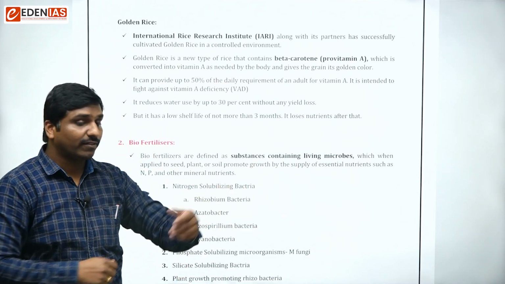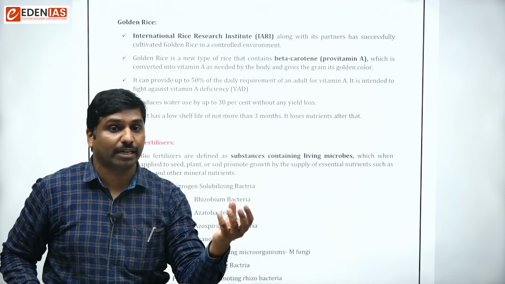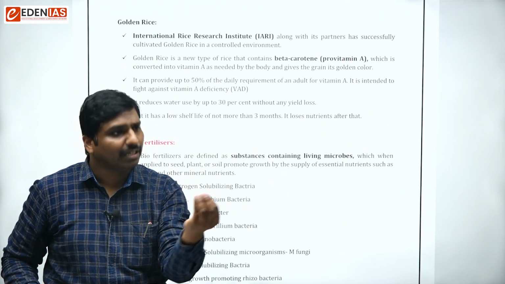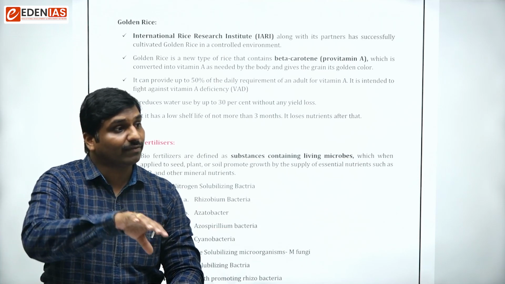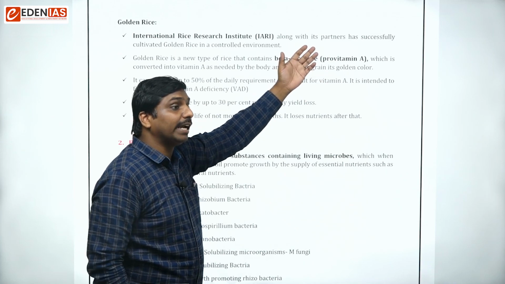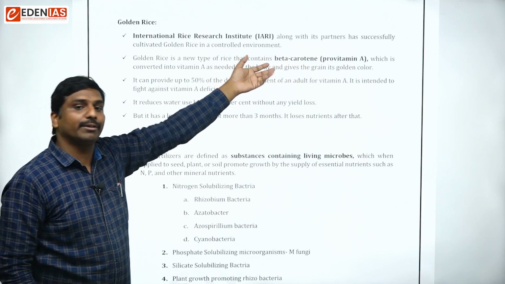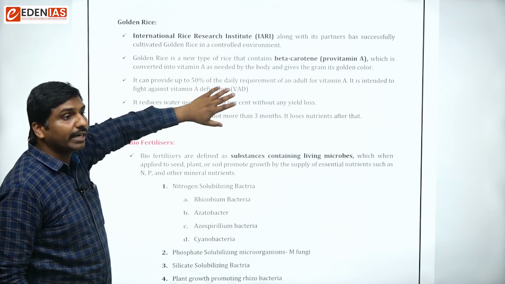For example, carrots have carotene, and all other vegetables rich in vitamin A have carotene-rich food. So we have enriched this rice with beta carotene and developed a variety called golden rice.